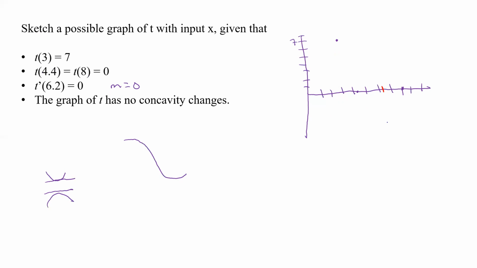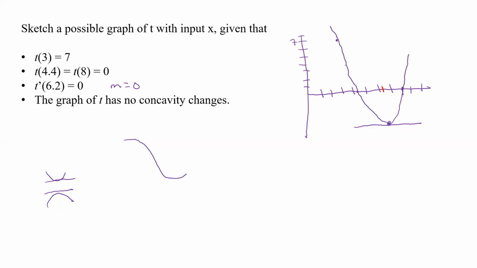And then I don't know where this point is. But what's going to happen is at this point, that's going to have the change of direction. We're still going to be, in this case, concave up, but our slope is equal to 0. Our derivative at 6.2, if we're assuming that's at 6.2, that slope is going to be 0.